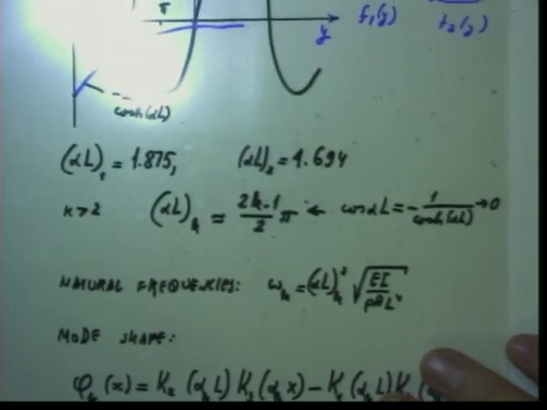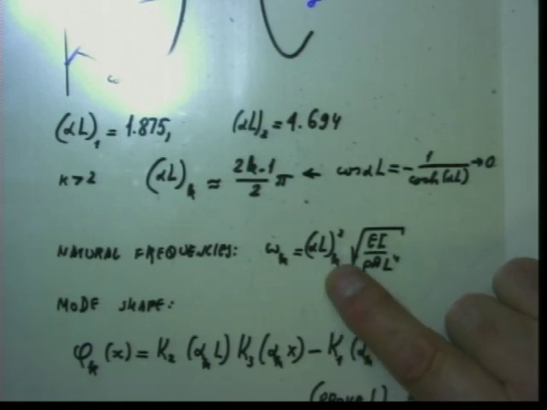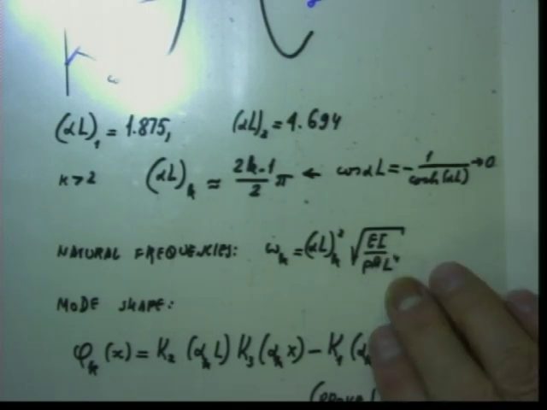So the first value is some number, the second value is also some number. Further values can be written in terms of pi. So natural frequencies then is alpha L in the k-th value, squared, then times EI over rho A L to the fourth power.